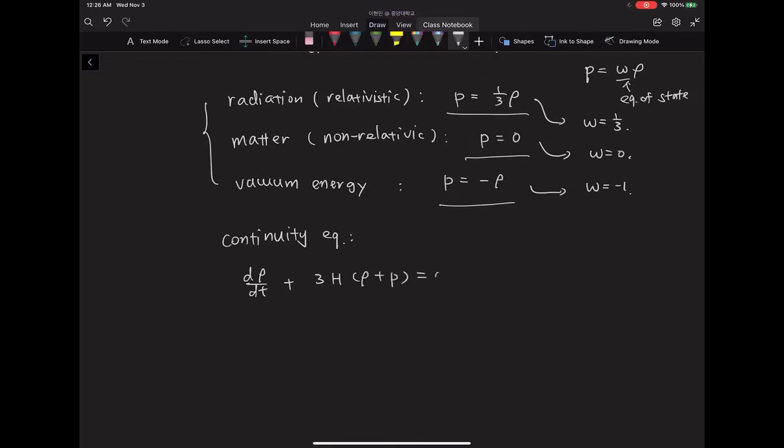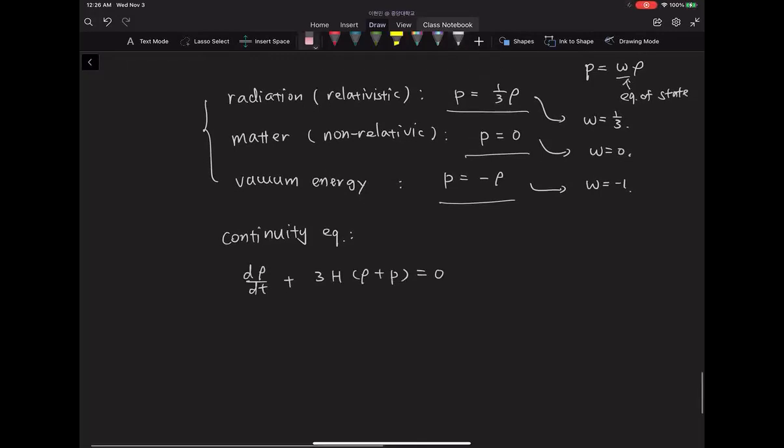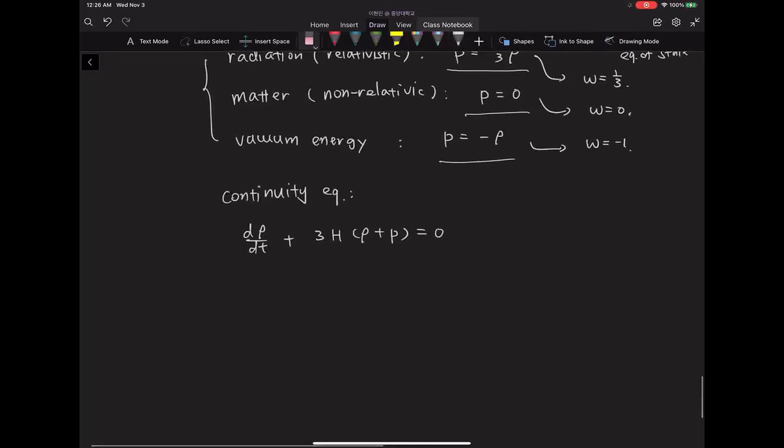this equation, the time evolution of the energy density is given by the sum of the energy density and pressure. So if you plug in the equation of state P equals W rho, then the continuity equation becomes like this one.